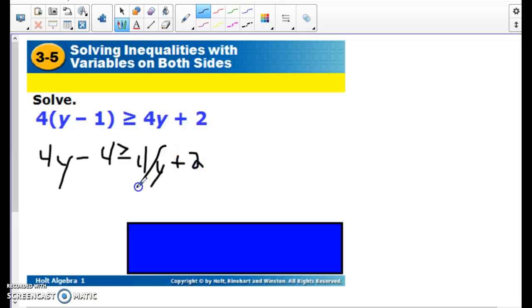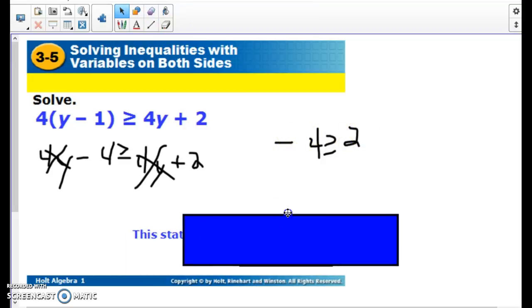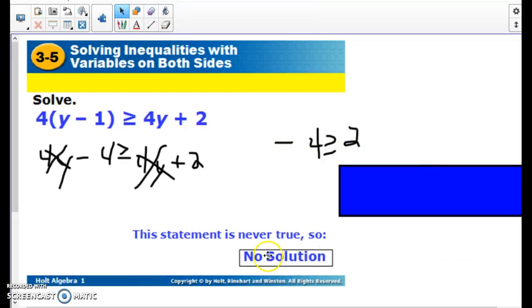Okay, 4y and 4y, they're going to cancel. So I'm really just left with -4 is greater than or equal to 2. Is that true or is that false? It's false. -4 is not bigger than 2. So it's going to be false. It is not true. So there is going to be no solution.